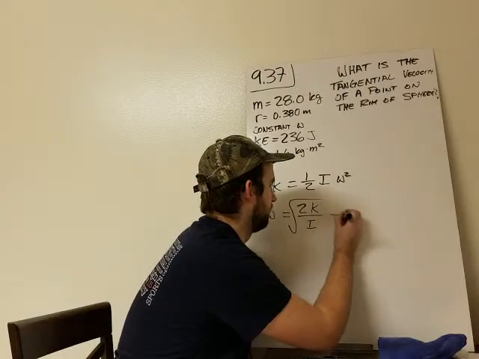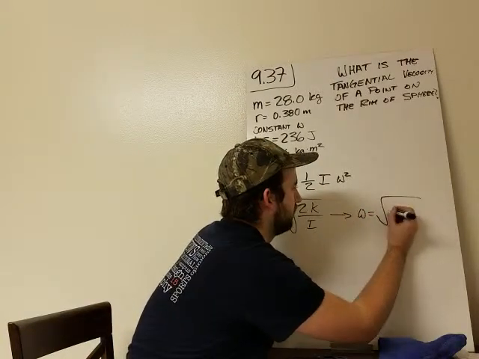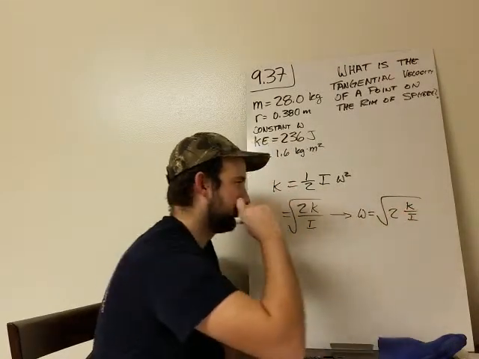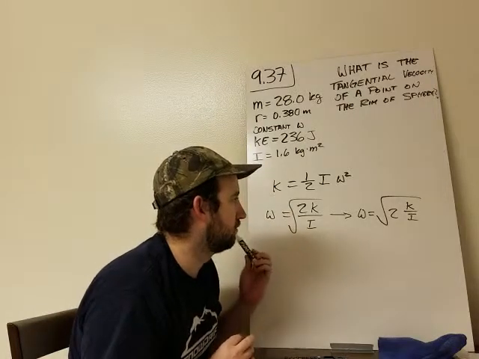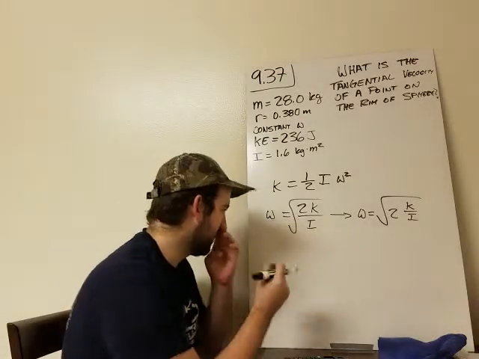I guess we could also write it as omega equals the square root of 2 times K over I. So now we have that. We know the values on the other side, so let's plug them in.